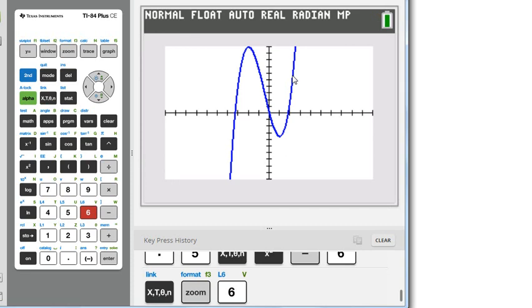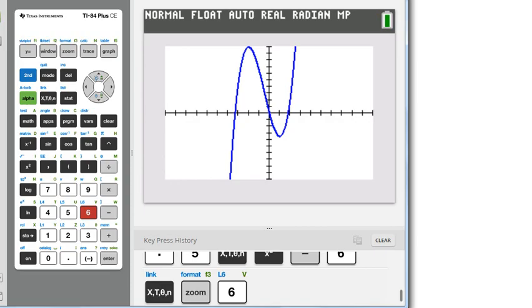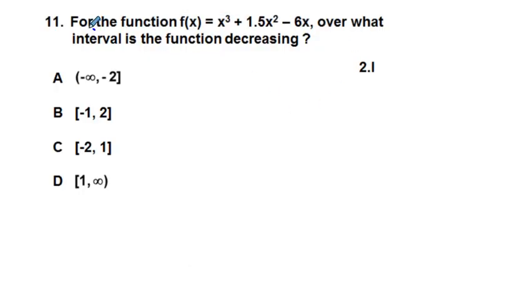So it's asking over what interval, and interval has to do with the x value. I wrote this also on the board. So interval will be what value of x, and the value of the function is the output value when you plug in.